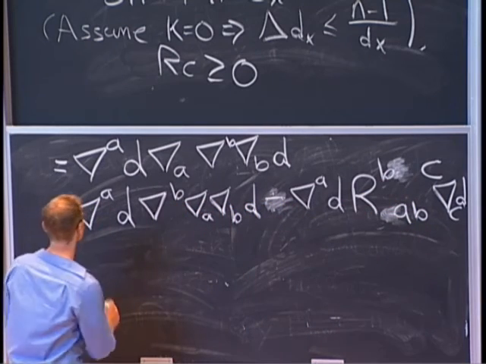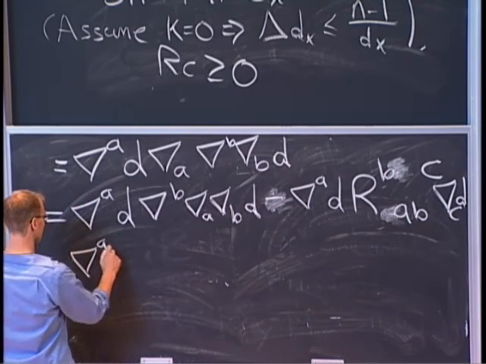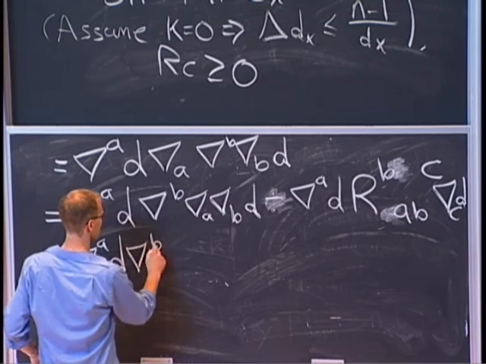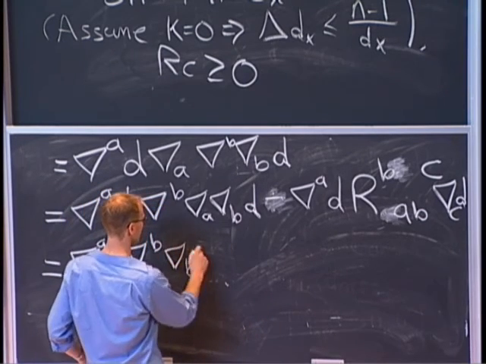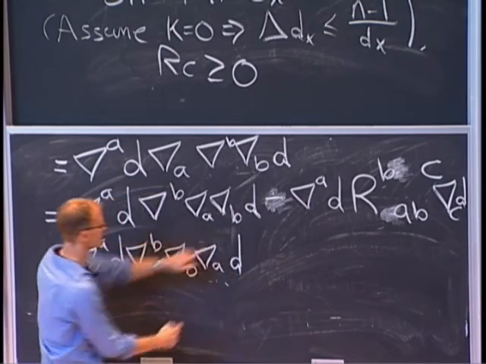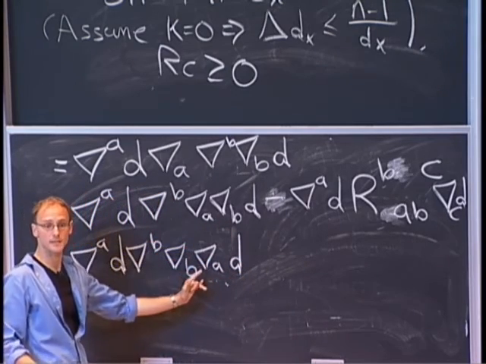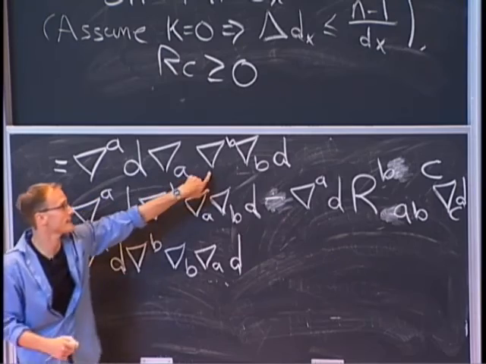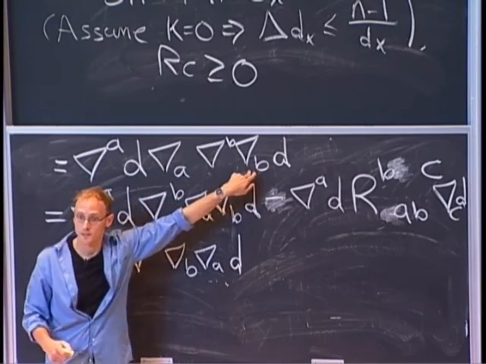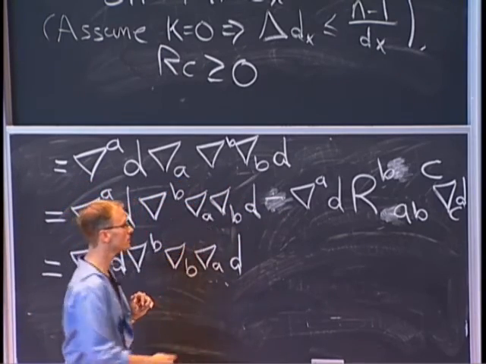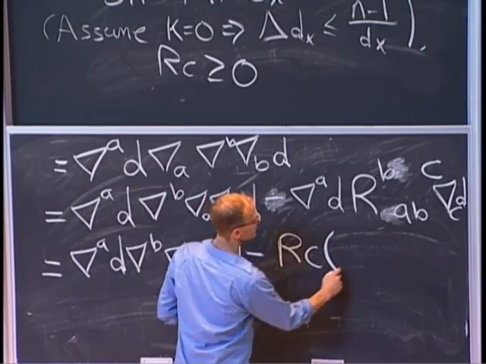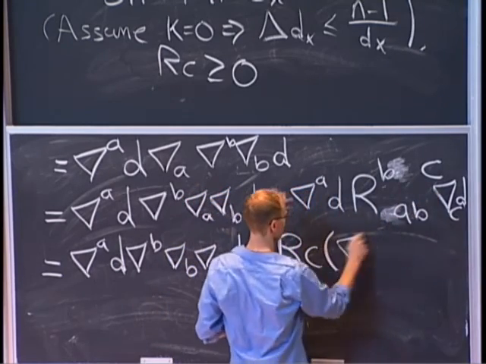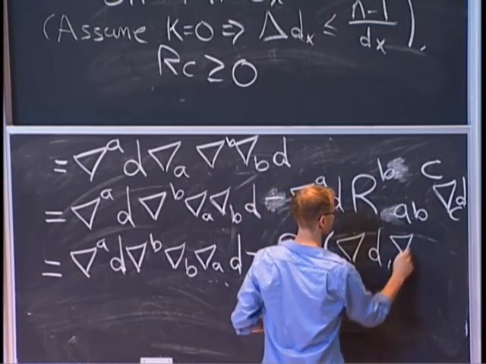So this whole thing here is equal to dAd, dB, dB, dA, d. Notice I switched these two, but there's no error term because we haven't gotten to the part where we're taking a second covariant derivative of a vector. So you're allowed to switch these two. Minus, well, this becomes the Ricci curvature. And I can trace with both these guys, or I can just write it like this. Gradient d, gradient d.